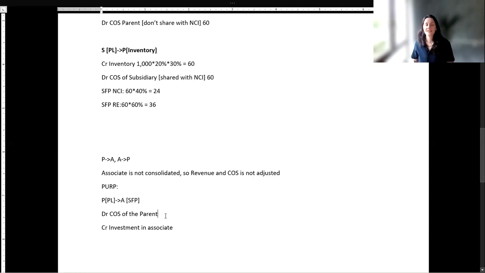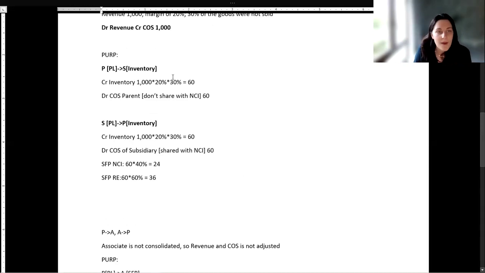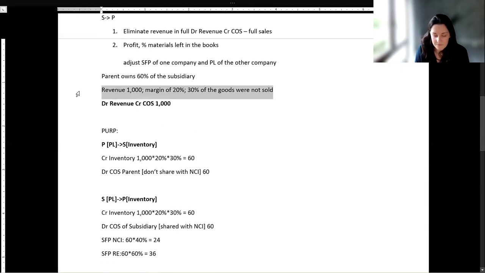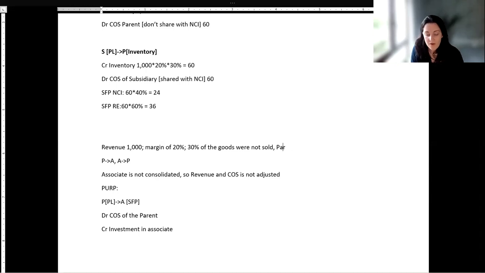Another very important difference would be that in this case, we are going to include just our share. Because in this case, there is no control. In the previous scenario, we could have controlled the full value of inventory. So this means that we did not need to account for our share. In here, we do. So imagine that the sale was for the same revenue, for the same margin, and the same goods were not sold, but also parent has 40% of the associate.